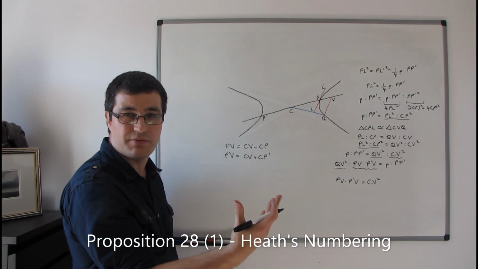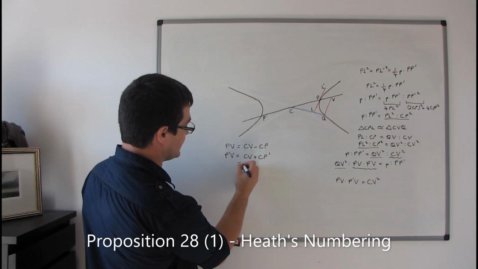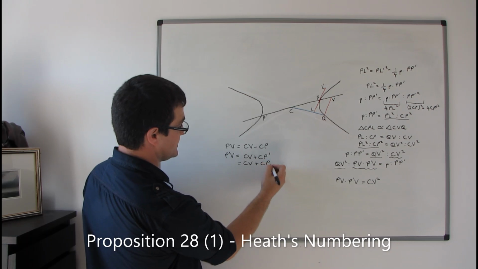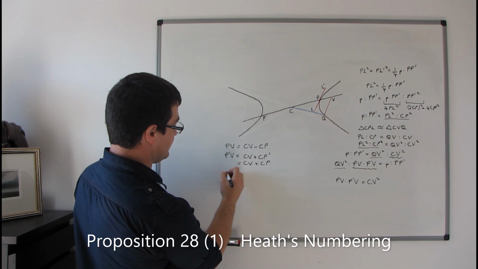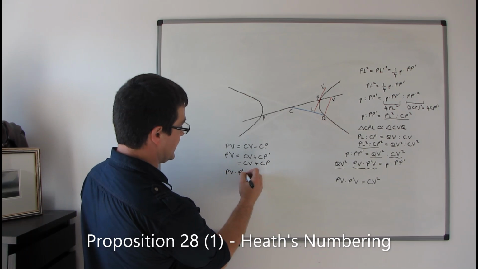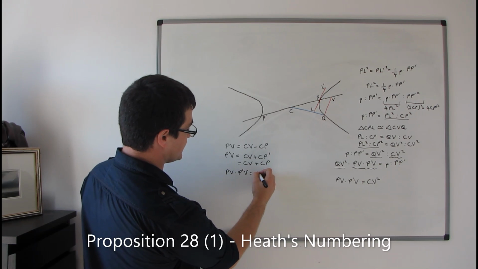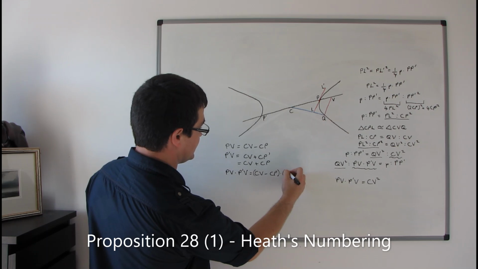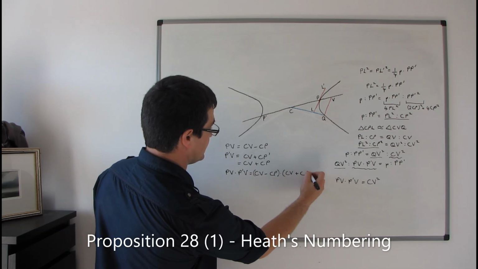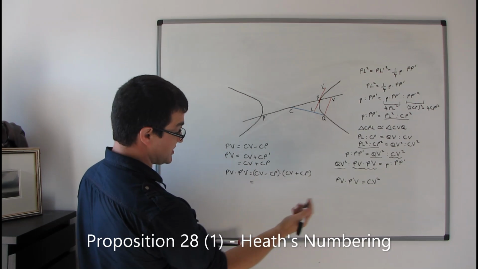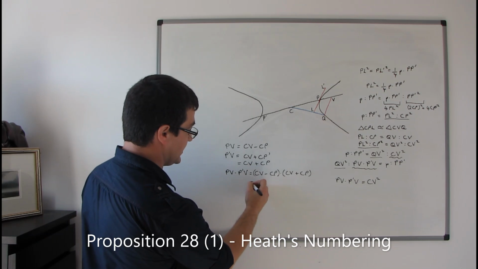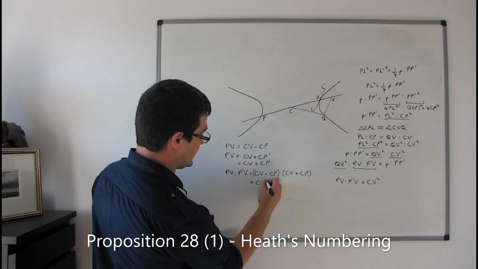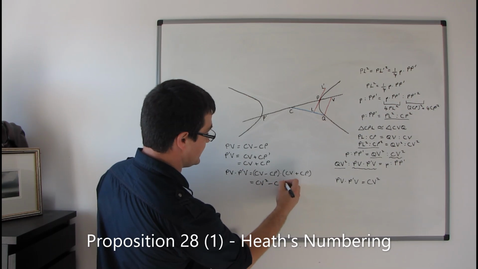But remember that CP primed is just equal to CP, so we can think of P primed V as being the same length as CV plus CP, and therefore PV times P primed V is simply going to be equal to CV minus CP times CV plus CP, which is of course a difference of two squares, as we'd call it in modern terminology, which gives CV squared minus CP squared.